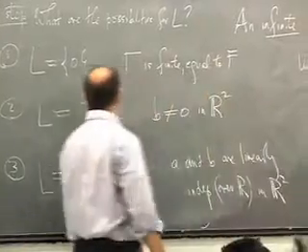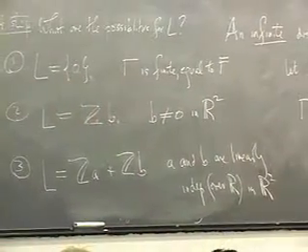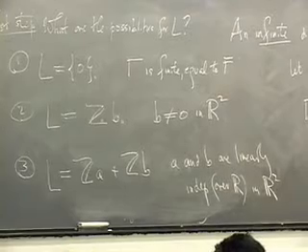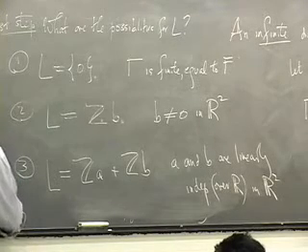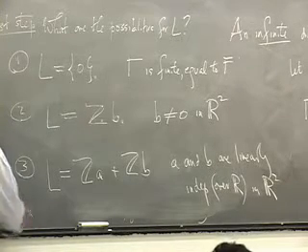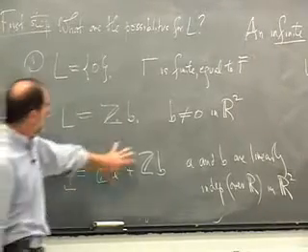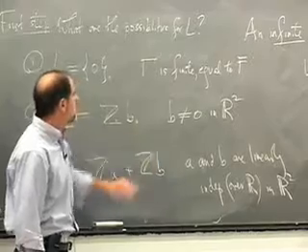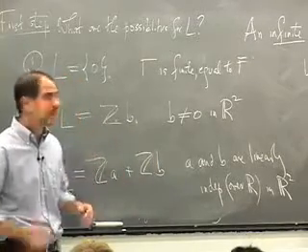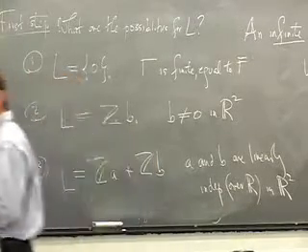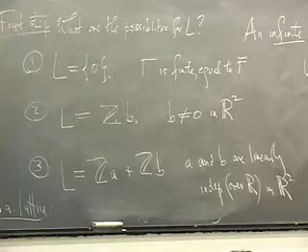Namely, where a and b give a basis. So there are only 3 possibilities for this lattice group. By the way, this case is usually called a lattice. So it's a group generated by translations in a and b, where a and b are linearly independent vectors. Okay, now I'm going to show you that those are the only 3 possibilities for L.